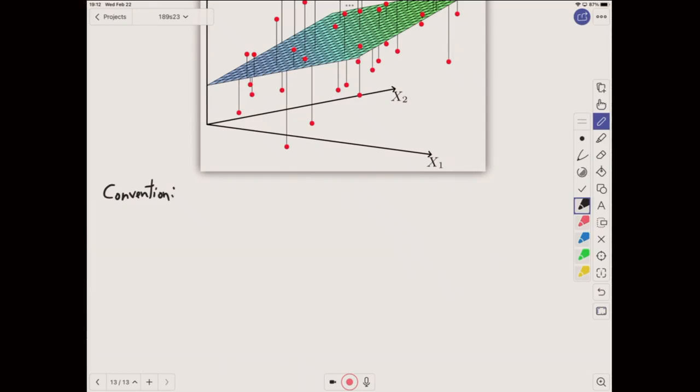I want to talk about the convention that we've already been using throughout up to now and will continue to use for the rest of the semester. We assume that our input is an n by d matrix of sample points, which we call the design matrix.